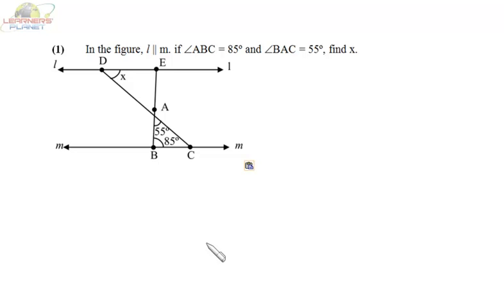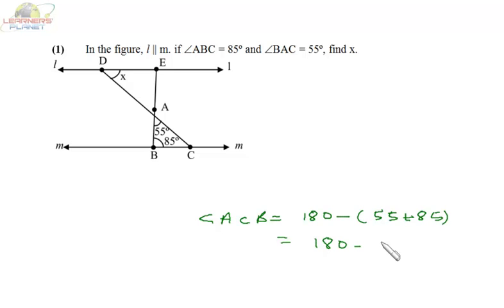So we can calculate angle ACB, that is 180 minus 55 plus 85. So it's 180 minus 140. Okay, that means it is 40 degree. That means this angle is 40 degree.